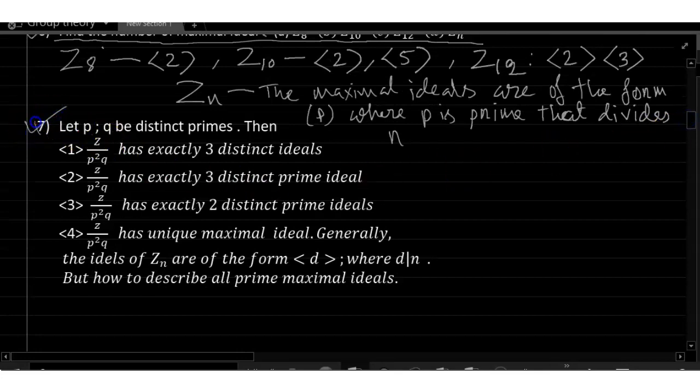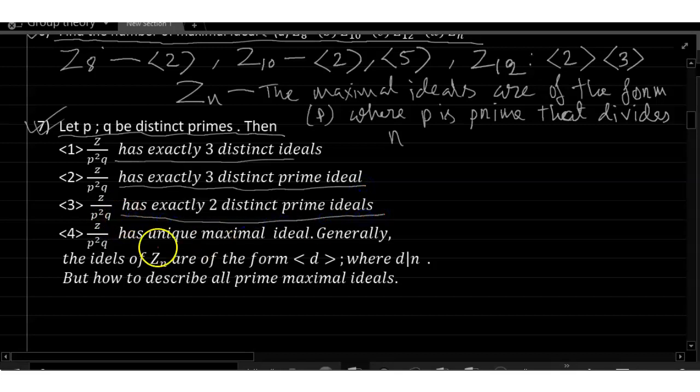Number 7. Let p, q be distinct primes. Then Z divided by pq has exactly 3 distinct ideals. Z divided by p squared q has exactly 3 distinct prime ideals. Z divided by p squared q has 2 distinct prime ideals.